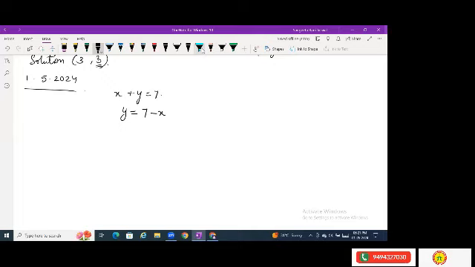Depending on the values of x, y will have its values. Suppose if I take x as 1, my y will be 6. If I take x as 0, my y will be 7. If I take x as 7, my y will be 0.